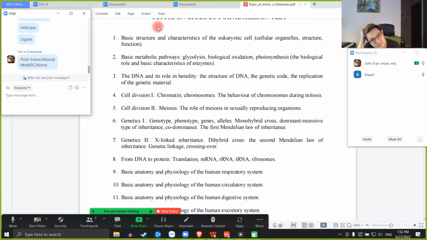And this replication process occurs in both strands of DNA, which leads to two types of strands, the leading strand and the lagging strand.